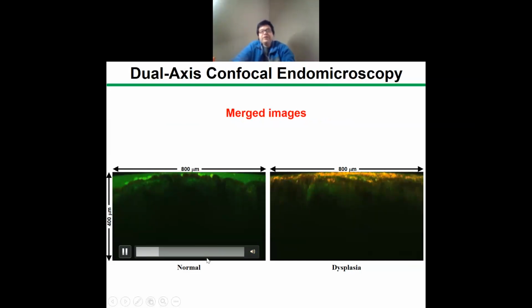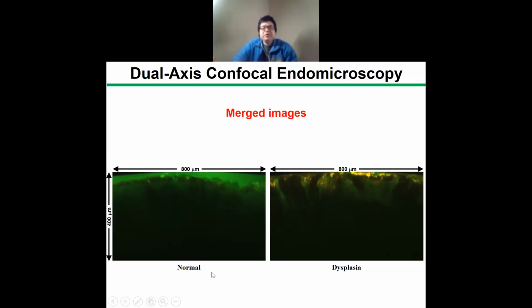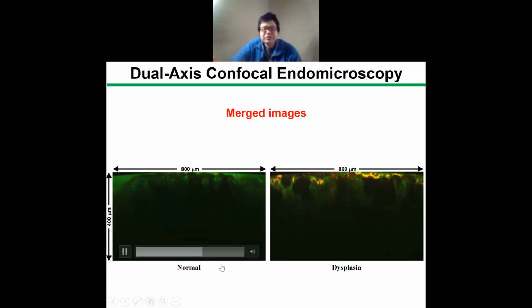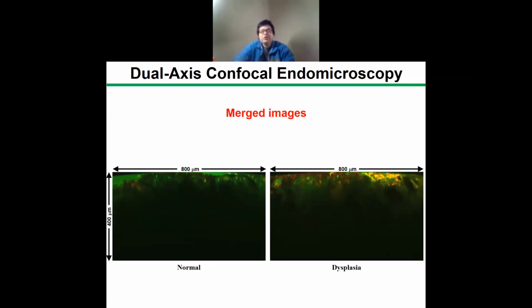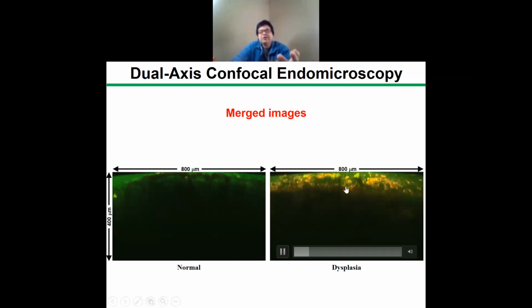In the normal area, we also use another dye which just shows morphology, so whether normal or dysplasia, you always see the morphology. But in the contrast agent channel, in this case 670 excitation, the dysplasia area has the red color highlighting the tumor area.